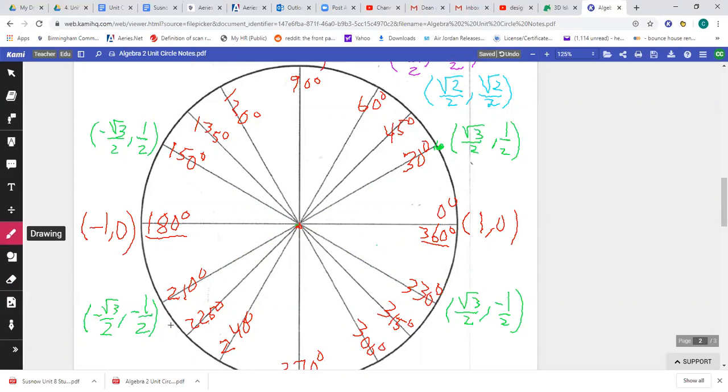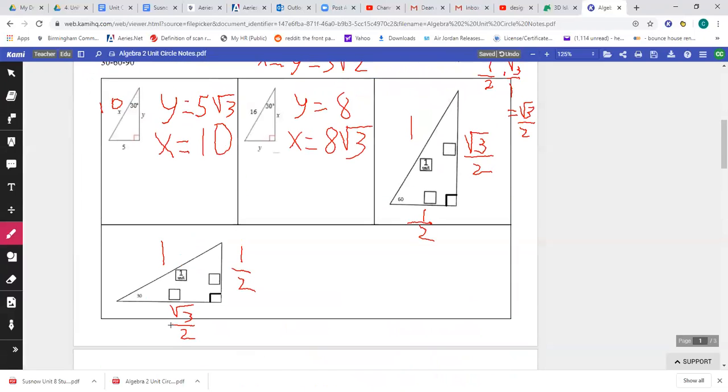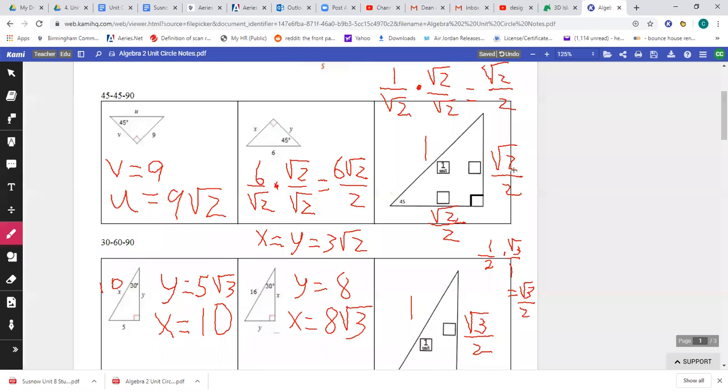So remember that these were all 45, 45, 90 triangles. And remember how using the triangle from up here, my x and my y were √2/2 and √2/2.